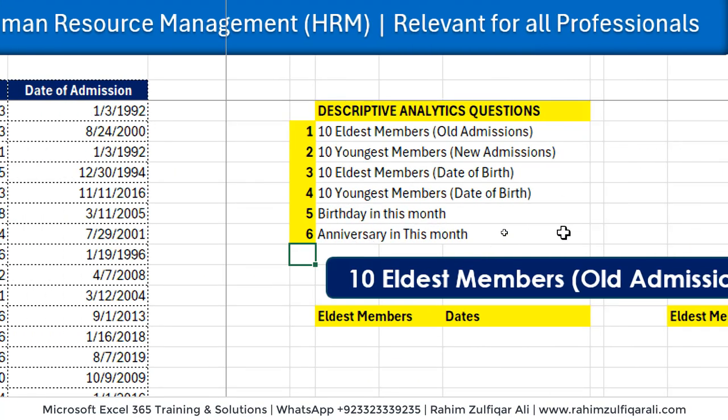I am recording this video in the month of January 2024, and I will tell you the logic to find them, and also to see the anniversary of all those employees in this month as well. So these are 6 technical questions, or you can say descriptive analytics, we want to perform.